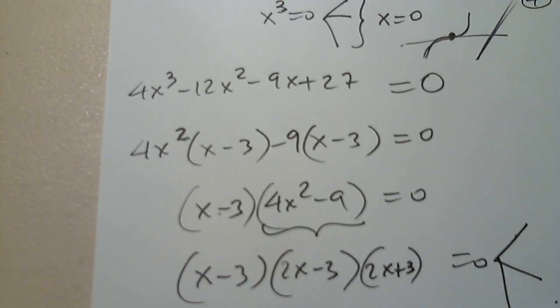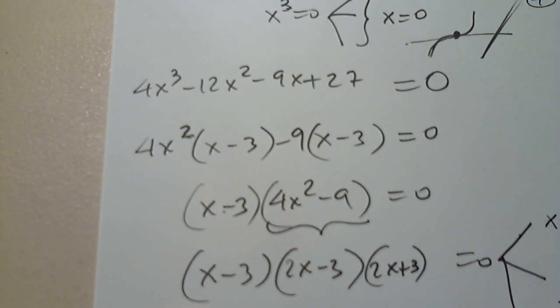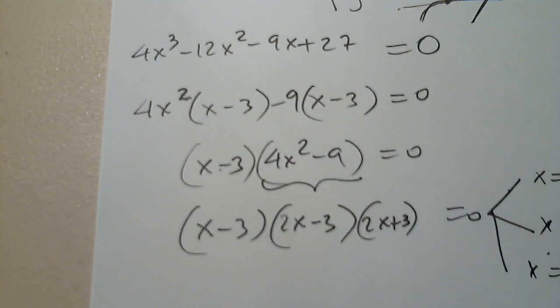As expected, 3 solutions. Is it 3 halves, and -3 halves? Yes, x equals 3, x equals 3 halves, and x equals -3 halves. Perfect. Awesome. There's no need to check. This is a polynomial equation.